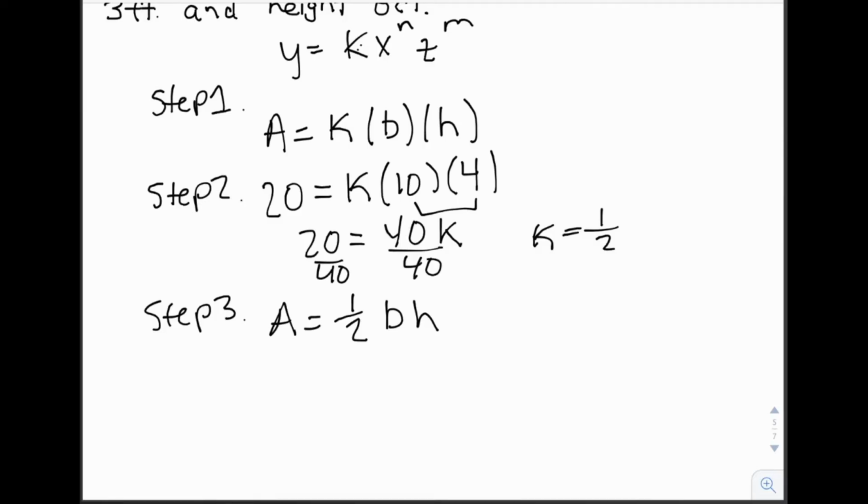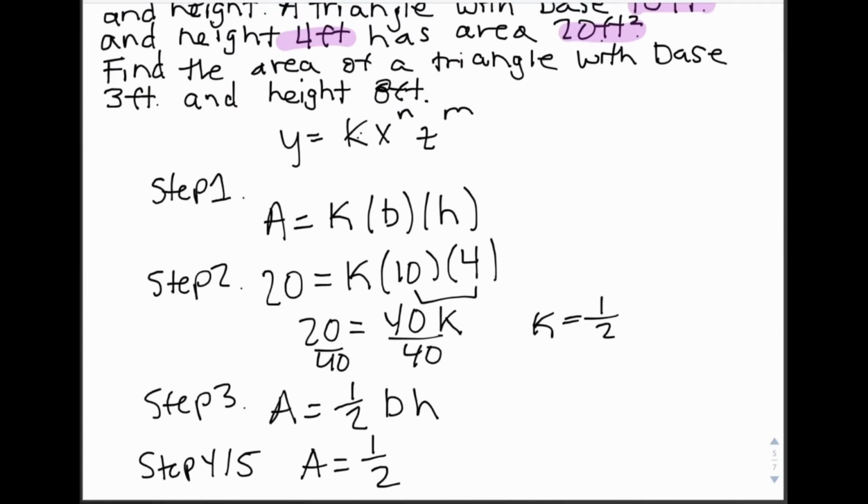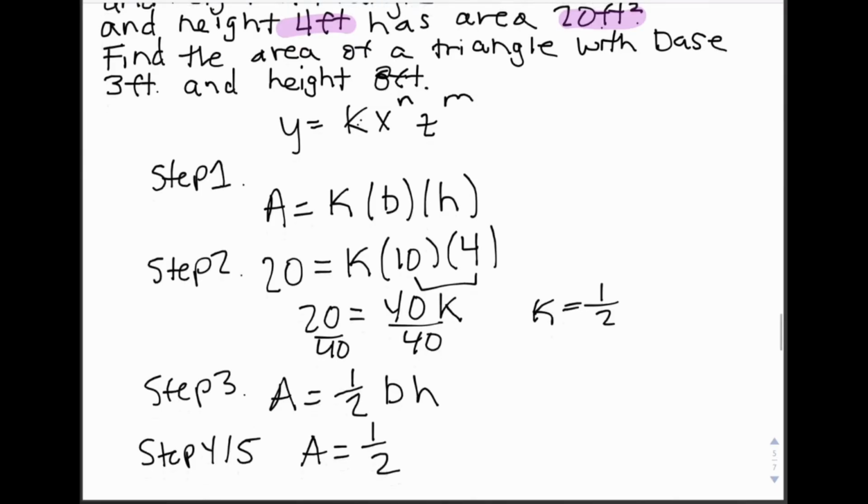So step 4, let's combine step 4 and step 5. And this should give us A is equal to 1/2. Let's figure out what we're solving for. So we want to find the area of a triangle with base 3 and height of 8.